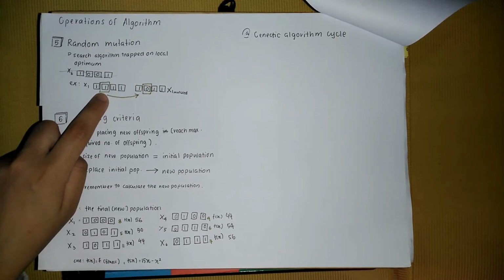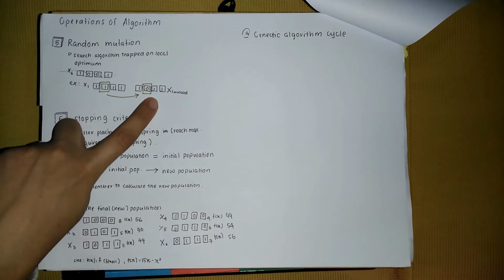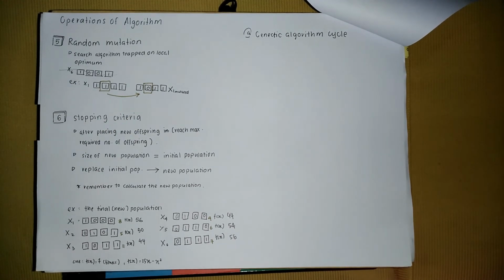For this, the third box is mutated and will be equal to 1011. So it's actually, if the 1 is mutated, it becomes 0, and vice versa. If 0 is mutated, then it will be turned to 1.